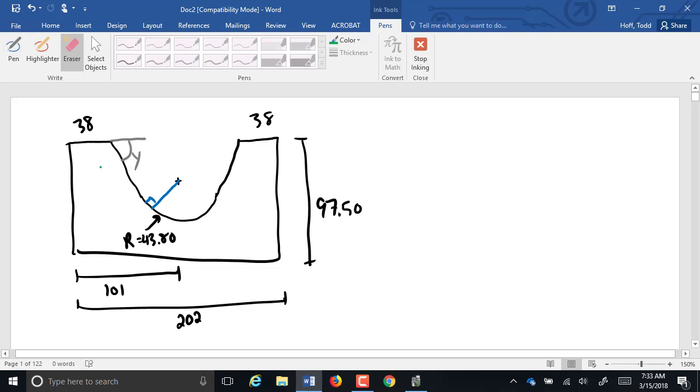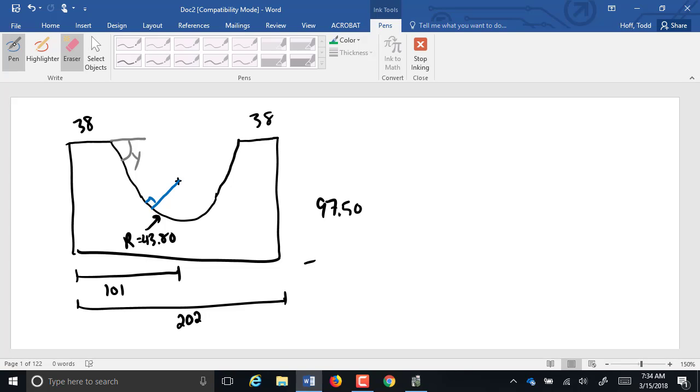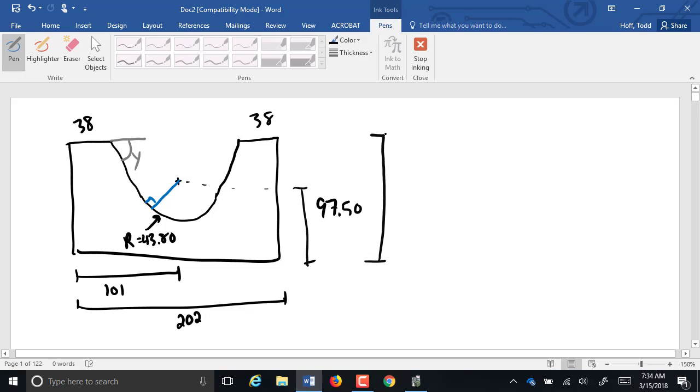The question is, where do we put them? So what can we learn from? I gotta draw that correctly. 97.5 was just that. And all the way up is 143.3.